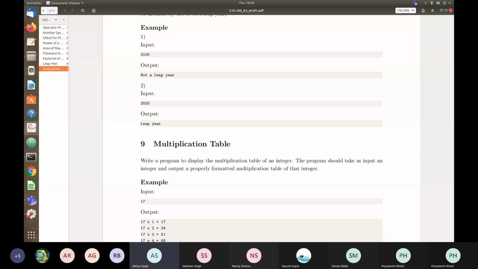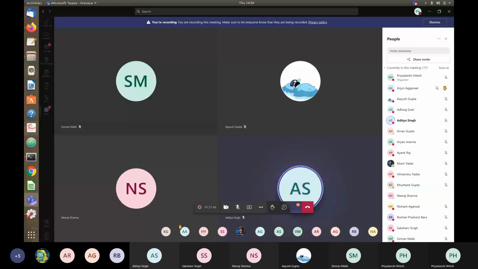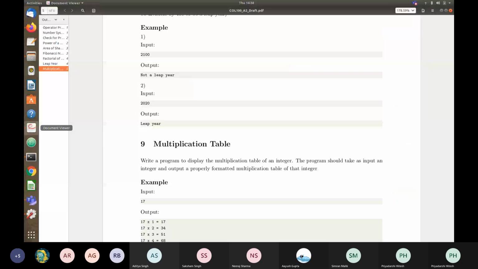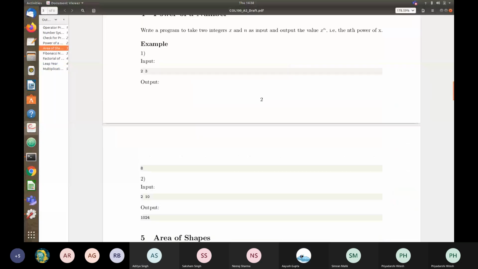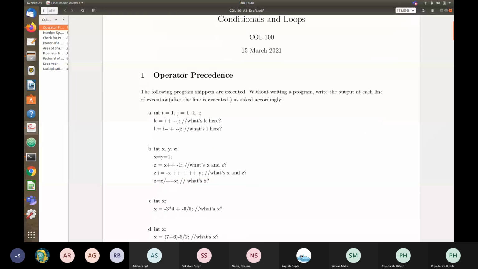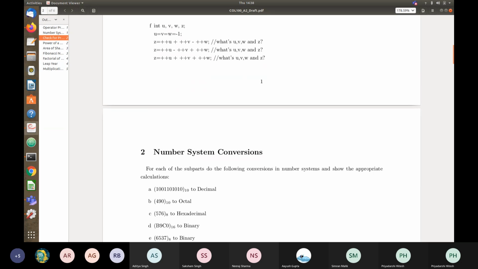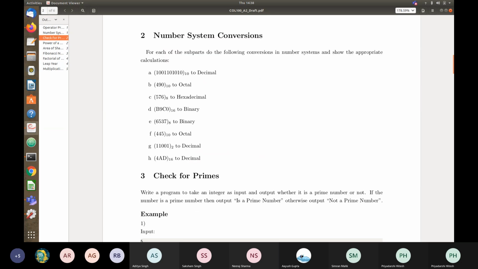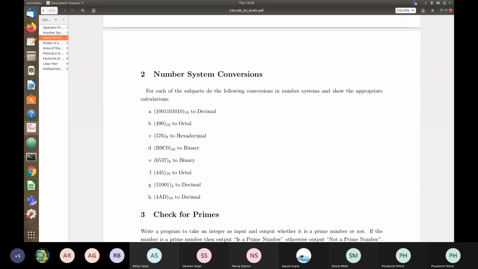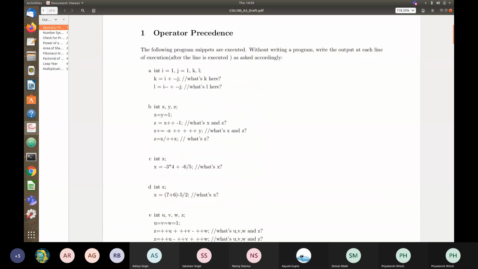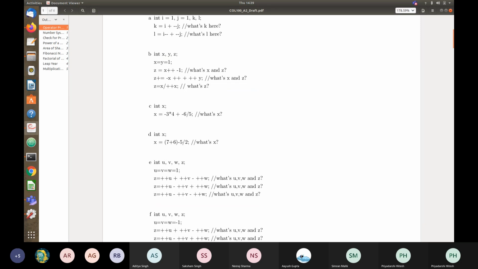Yeah, you have to write on paper, without writing a program. Maybe you may also have to type it. That would be cleared on Piazza, whether you have to write it on paper and upload it, or simply type your answers in a text file. I will check it.